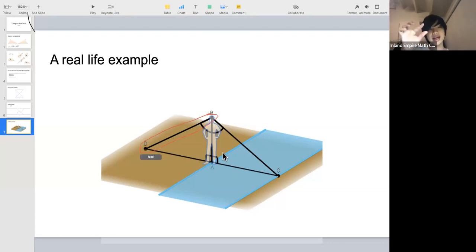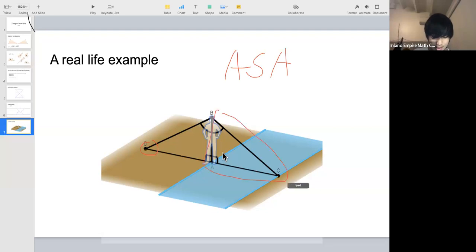And now he could see exactly where on the ground that could point. And because he knew where on the ground that pointed, because he knew the location of D, and because these triangles are congruent, we know that there is an ASA congruence between this triangle and this triangle.